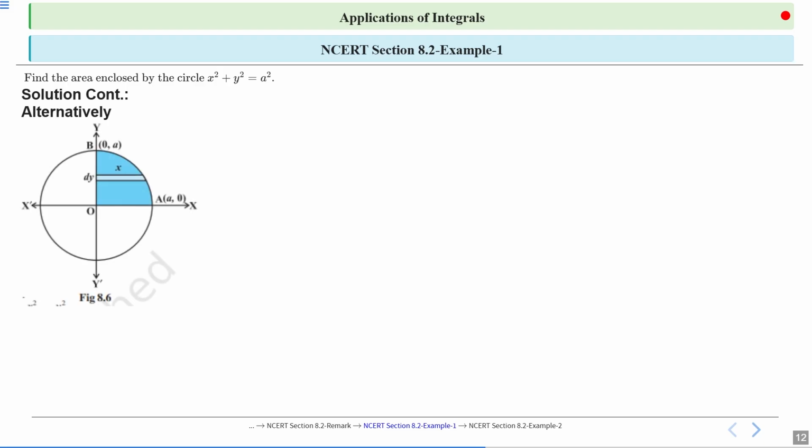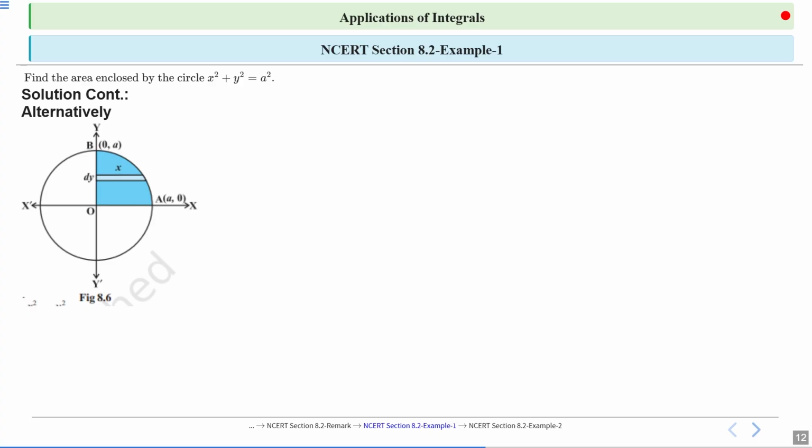So in the first way we took the vertical strip, but we can also use a horizontal strip to find the area of this circle. We take the horizontal strip which is parallel to the x axis, with length x and width dy. So the area of this strip is x dy. When we take a horizontal strip parallel to the x axis, we take limits for y.